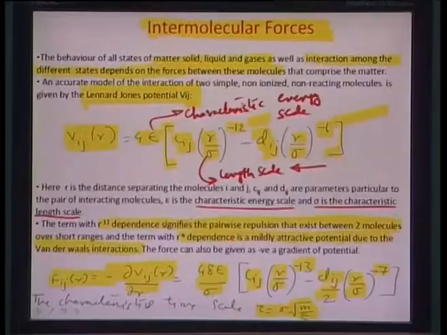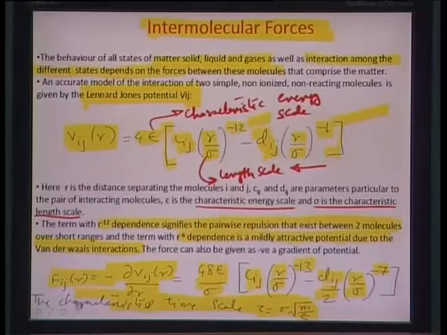So if you take the square root of the mass per unit energy, it gives you the velocity scale, and dividing the distance sigma by the velocity scale would give you an indication of the time scale, what kind of characteristic times would exist in this particular scale.